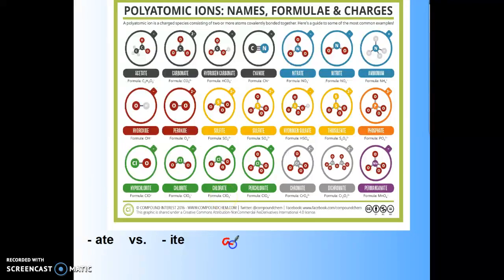So chlorate is ClO3, and it has a -1 charge. Okay, chlorite has 1 less oxygen than chlorate, so chlorite is ClO2, and it also has a -1 charge.